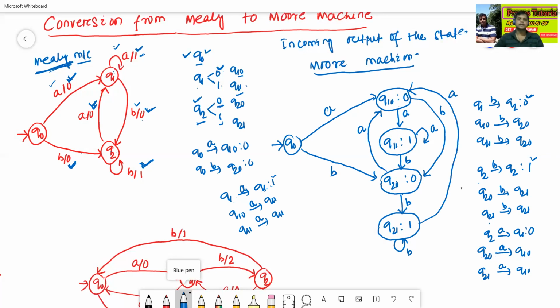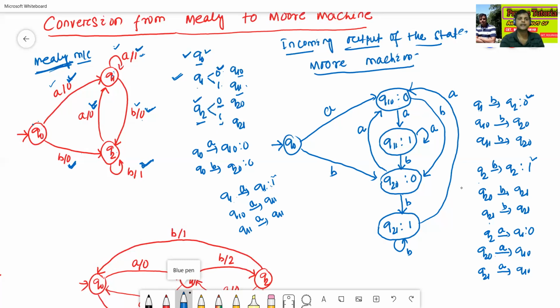Okay, in this way we can generate the number of states. When we convert from a Mealy machine to a Moore machine, first generate the number of states. How do we generate them? Based on the incoming outputs of each state. Here Q0 has no incoming output.